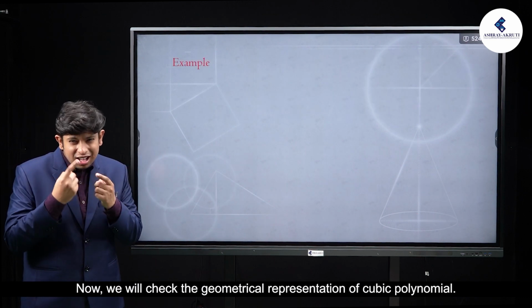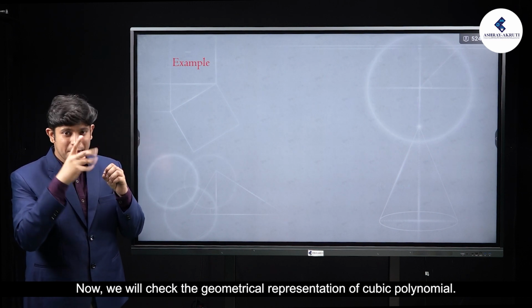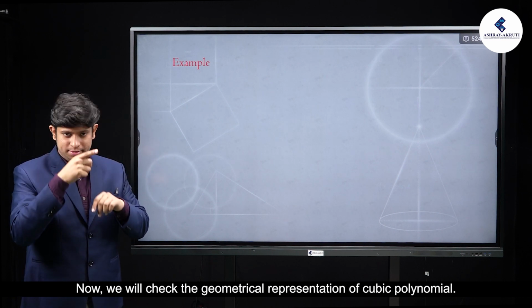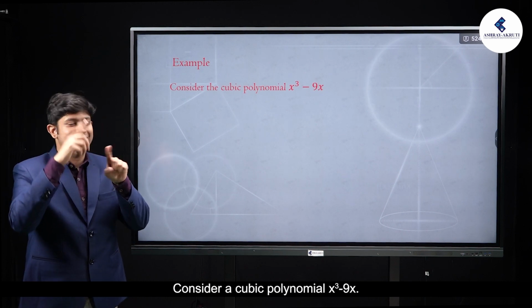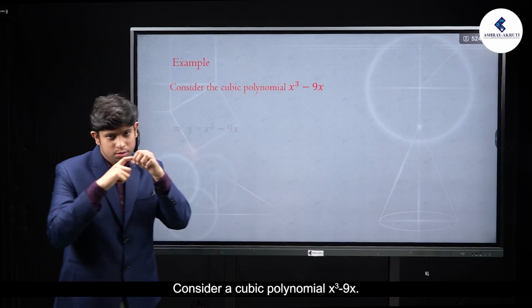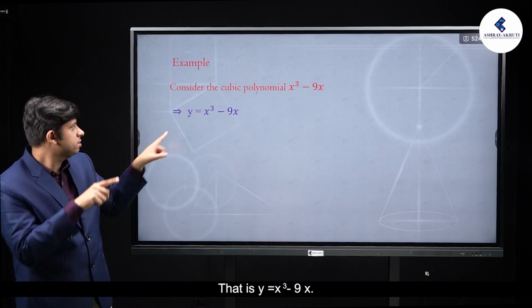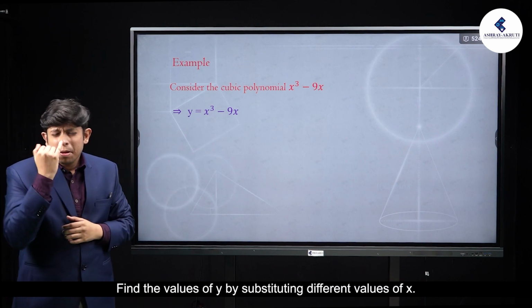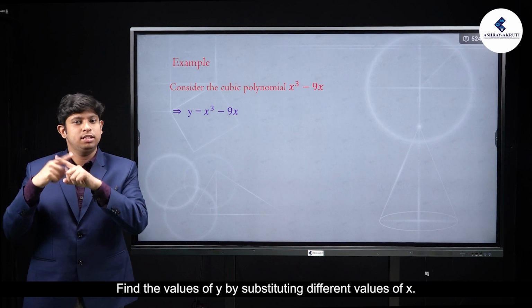Now we will check the geometrical representation of a cubic polynomial. Consider a cubic polynomial x cube minus 9x, that is y equal to x cube minus 9x. Find the values of y by substituting different values of x.